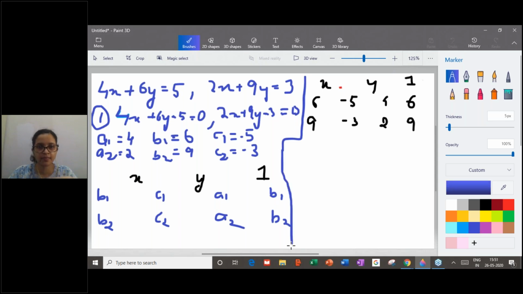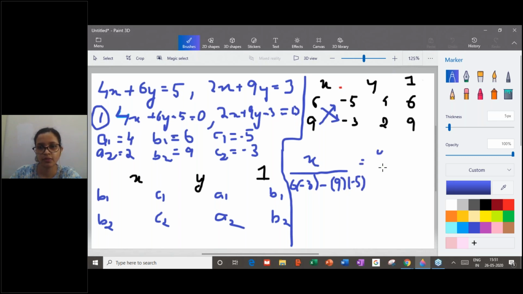Now you write x, and in the denominator it would be first this 6 into -3. I'm writing all the steps, so just copy down as I have written with all the steps. Don't miss anything. Minus, and we're going to cross multiply like this. Since you cross multiply, automatically a minus sign comes here, which will be minus of 9 into -5. Got it?